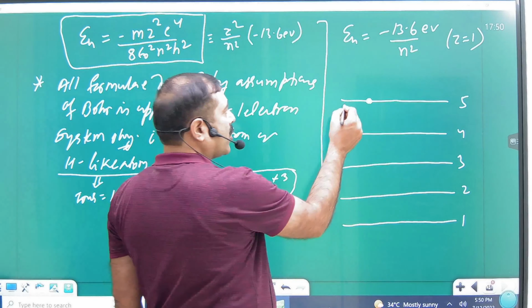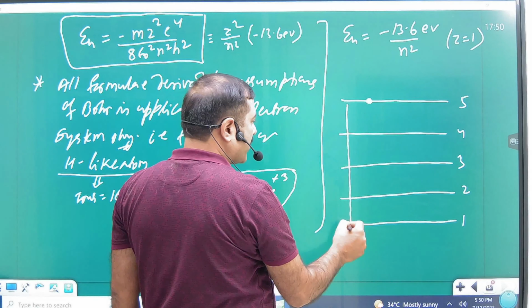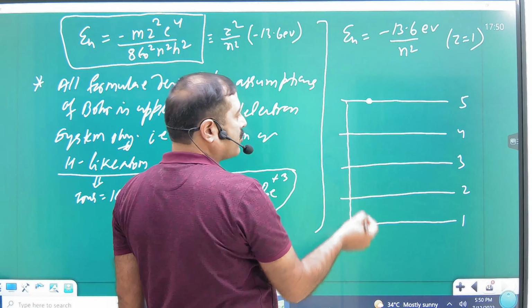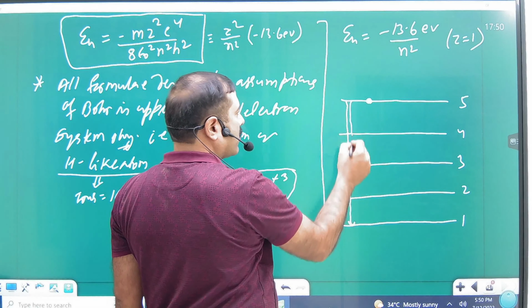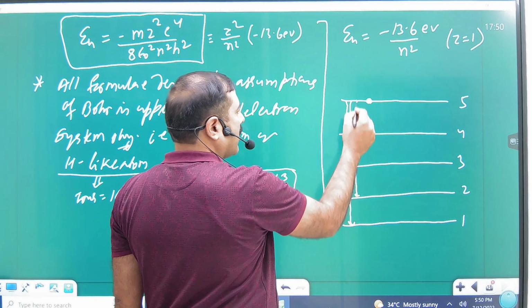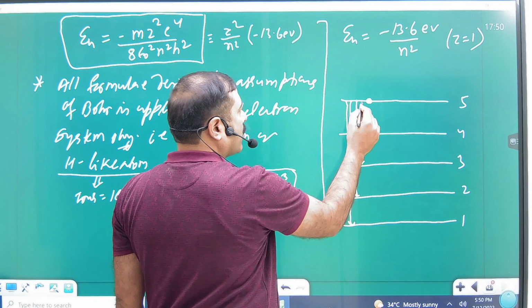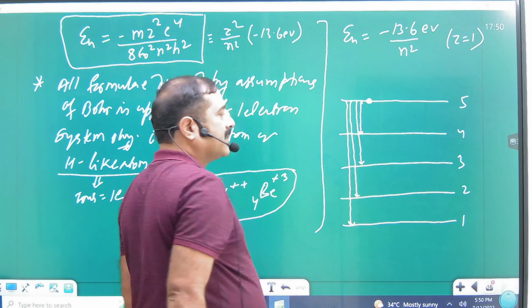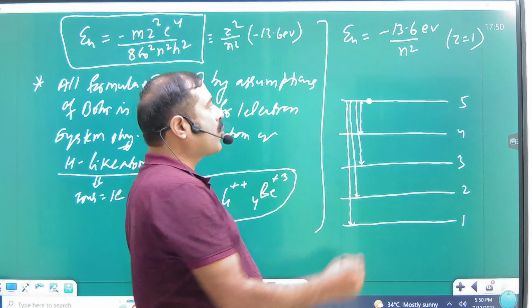From the 5th orbit, there are 4 options of jumping. It can jump to the 1st orbit, or the 2nd orbit, or the 3rd orbit, or the 4th orbit.